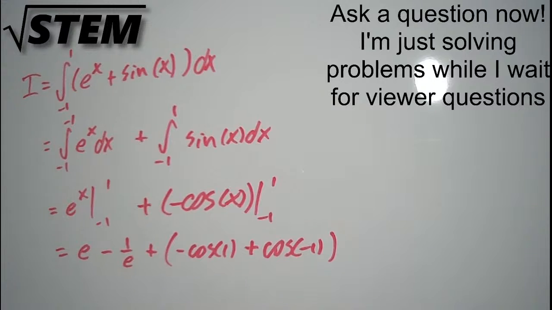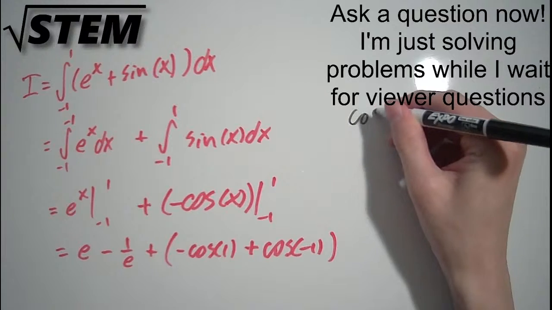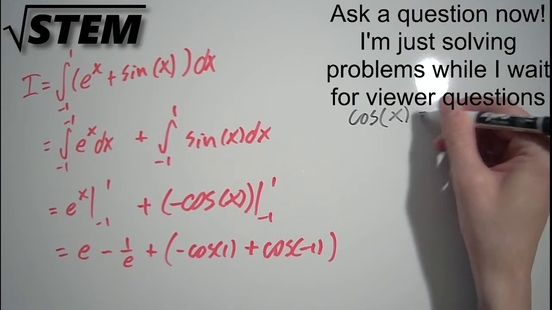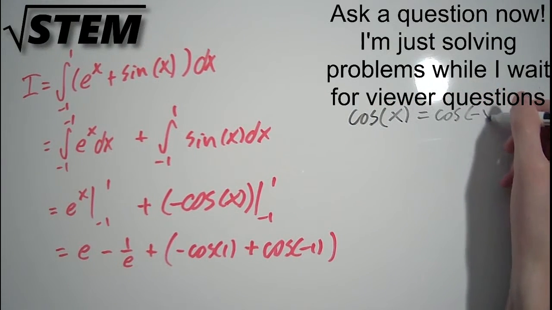Now we can use a fun little fact here about cosine, that it is an even function, meaning that cosine of x equals cosine of -x.